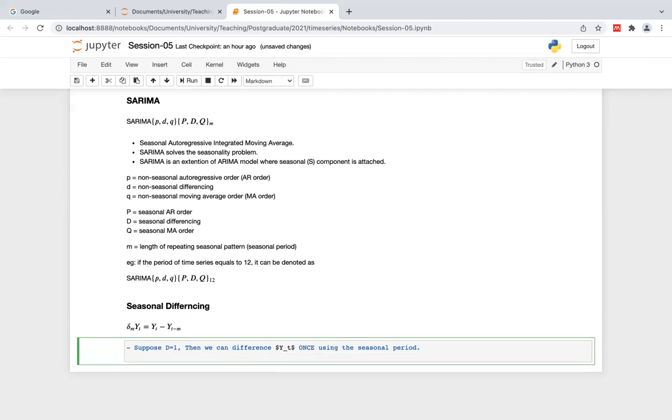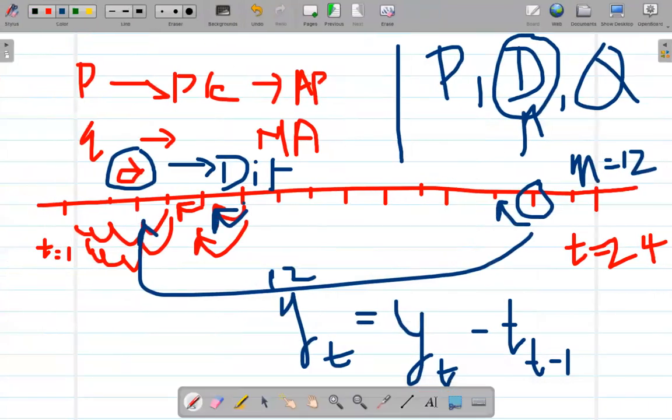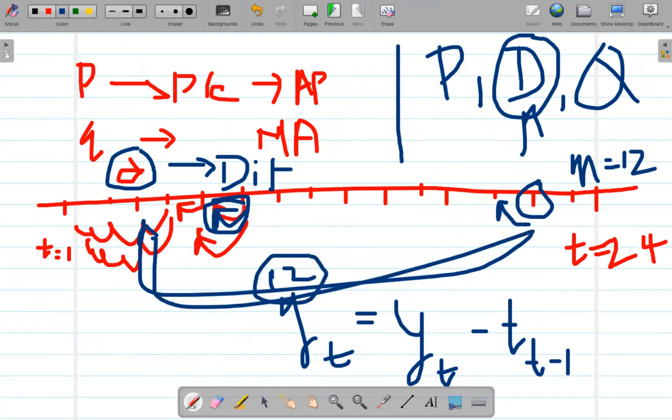But what happens in the regular differencing? In the regular differencing, as we discussed, we just subtract the previous time stamp, only one. But here, it jumps by the length of the seasonal period.